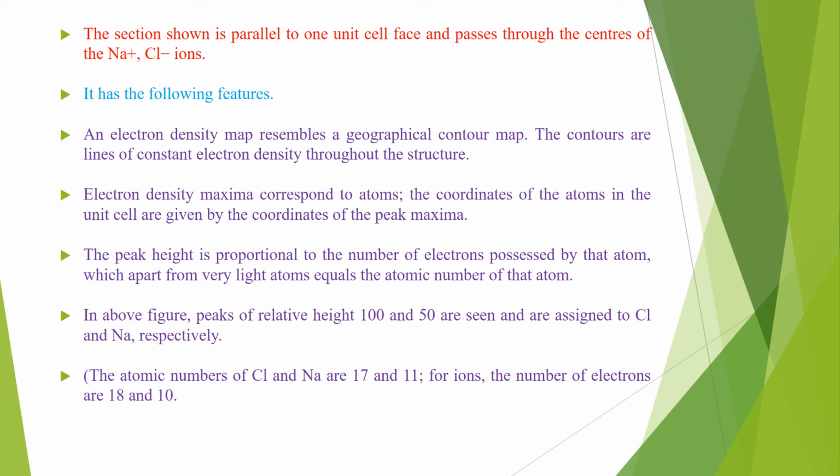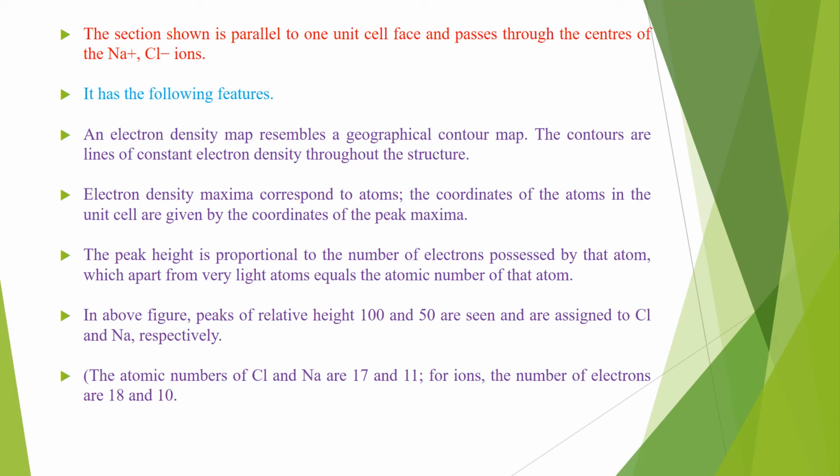An electron density map resembles a geographical contour map. The contours are lines of constant electron density throughout the structure. Electron density maxima correspond to atoms.